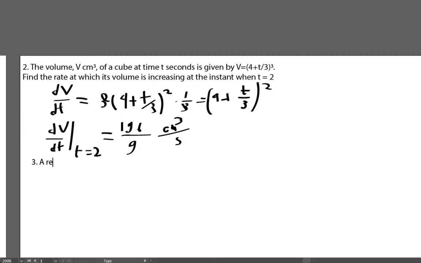A rectangle has sides of length x centimeter and 2x minus 4 centimeter.